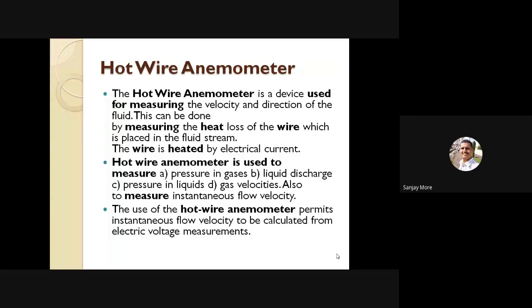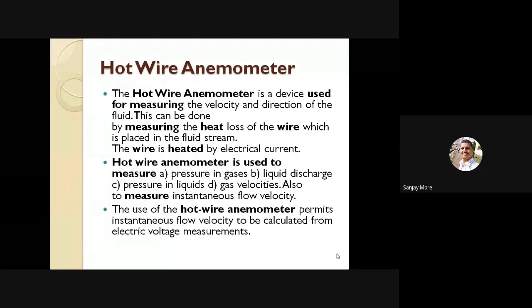You take one wire or probe, put it in the fluid, and heat is transferred. You measure the temperature change with the help of the hot wire anemometer. Also, it is used to measure pressure in gases, liquid discharge, pressure in liquid, and gas velocities. It is also used to measure instantaneous flow velocity.